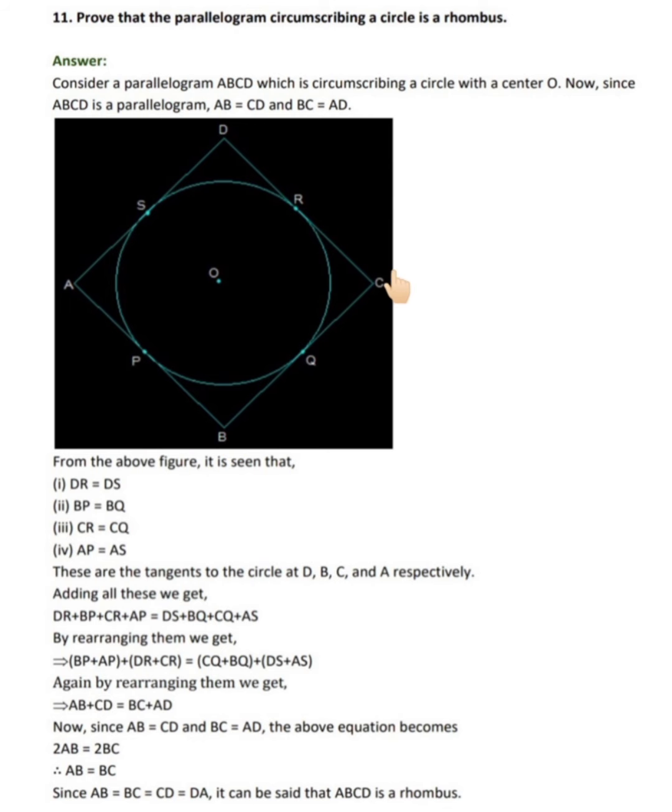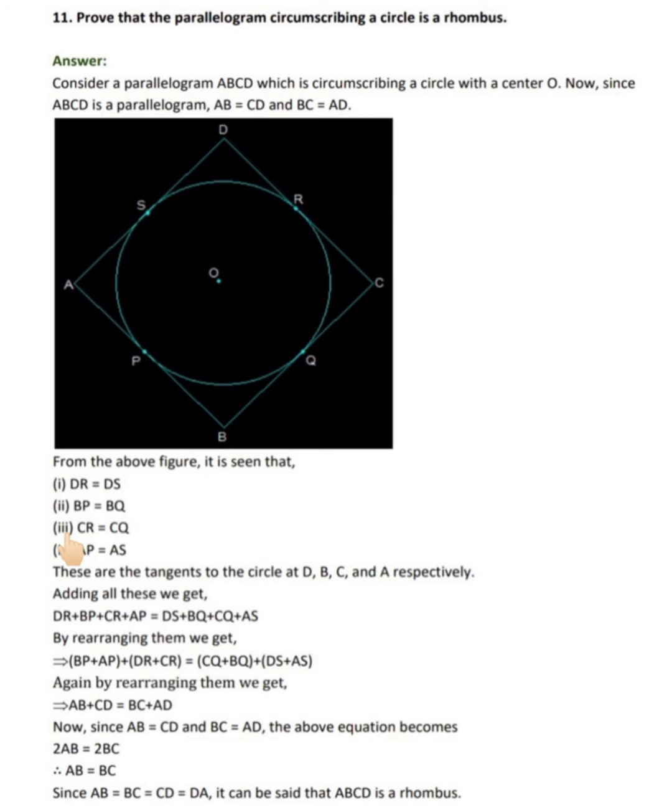Similarly, vertices C and A are external points of the circle. So tangents from vertex C and tangents from vertex A are equal. Means CR is equal to CQ and AP is equal to AS.